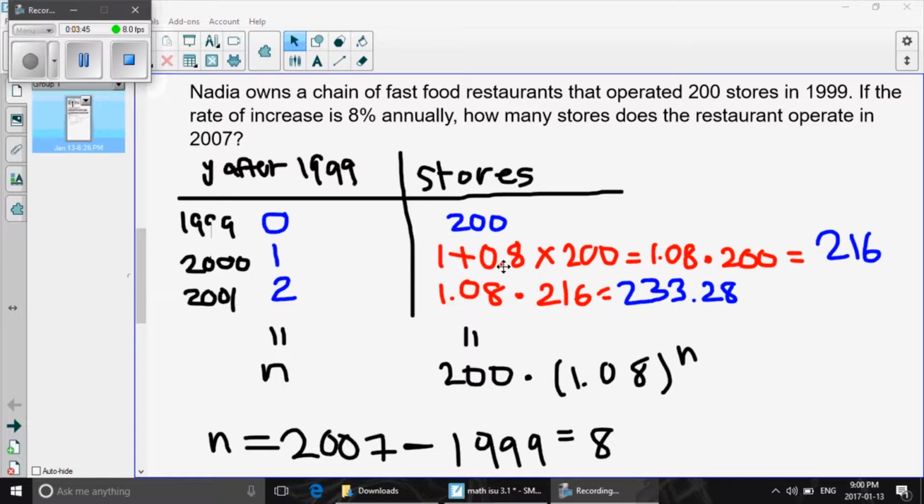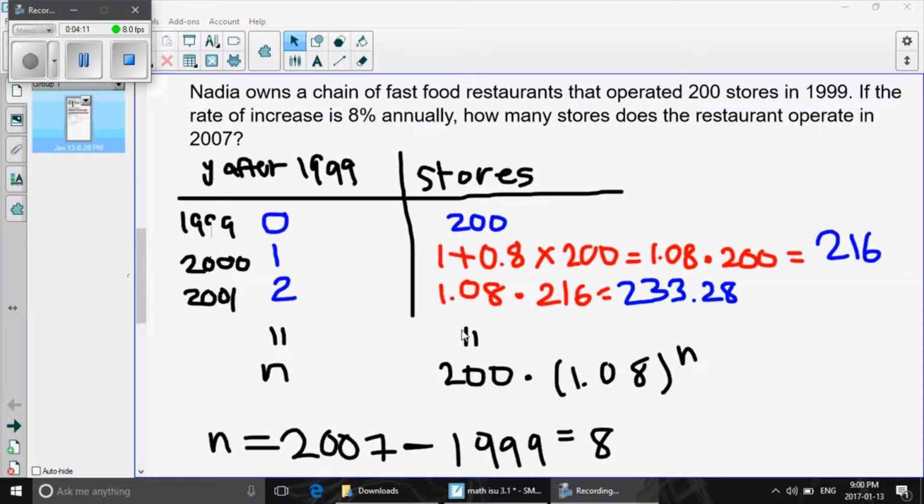So it's going to be 1 plus 0.08 times the number of stores previous to it, so it would be 200. When you solve this, you would do 1.08 times 200, you would get 216. For the next year, so 2001, you're going to do 1.08 times the previous number, which was 216, and you're going to get 233.28.